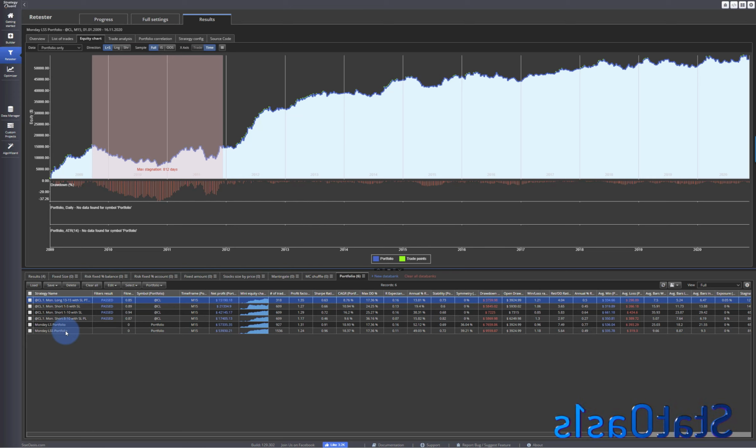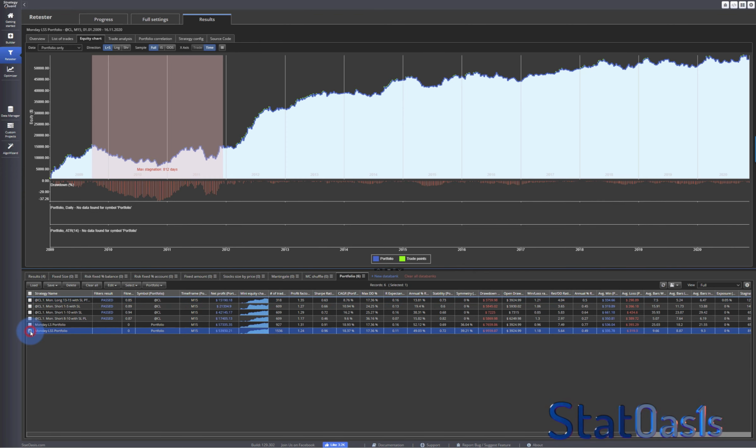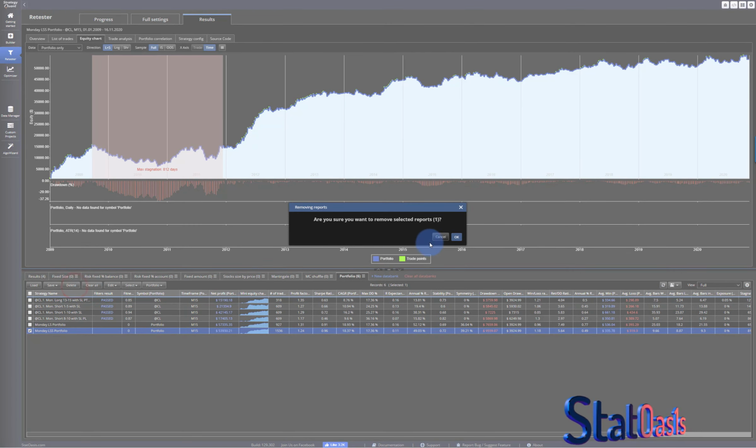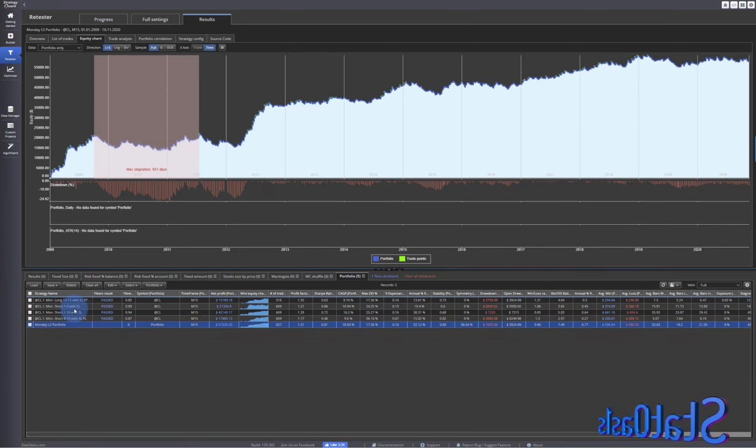So now we know that combining 1 to 10 that encompasses both of them is much better than these two separated and the long. So let me get rid of this. This is our portfolio, which encompasses these two strategies.